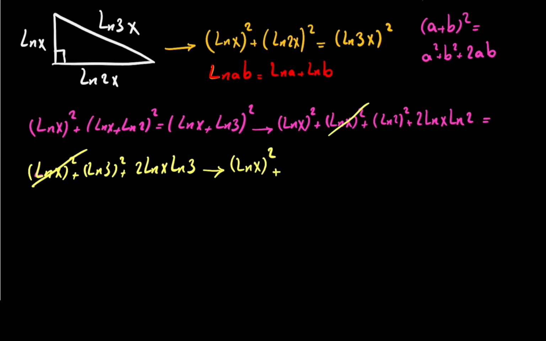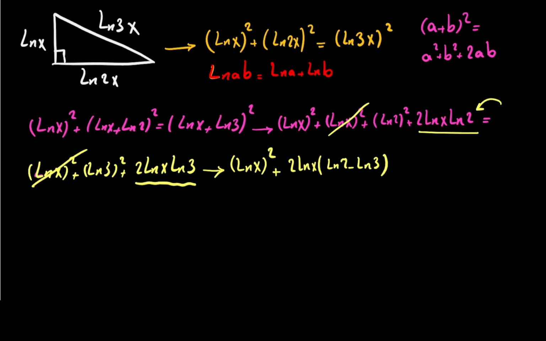So it means we can write our equation as (ln x)² plus 2 times ln x times (ln 2 minus ln 3). Why? Because if we move 2 times ln x times ln 3 to the left side, we have 2 times ln x here and 2 times ln x there.